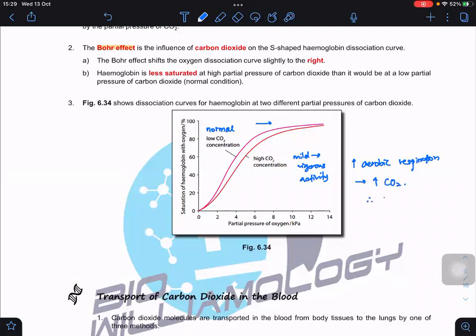So therefore, partial pressure of CO2 is high. So we are going to look at how partial pressure of CO2 actually affects the position of the dissociation curve now.